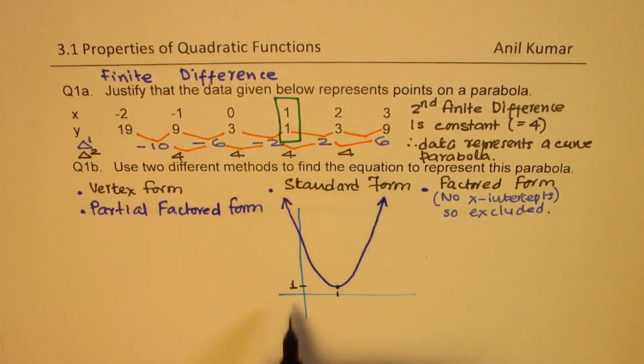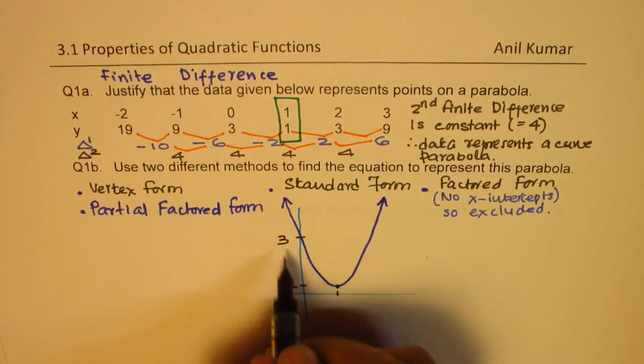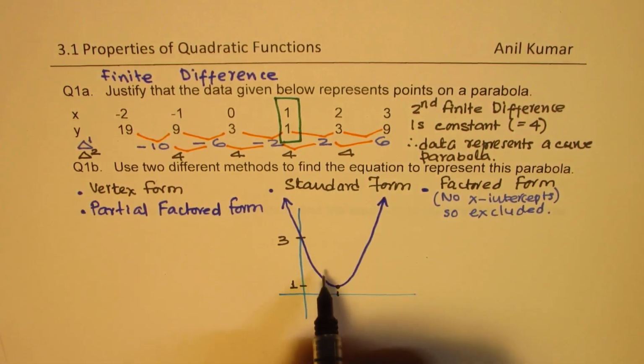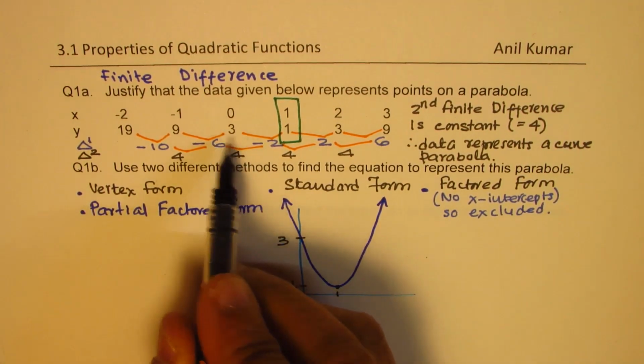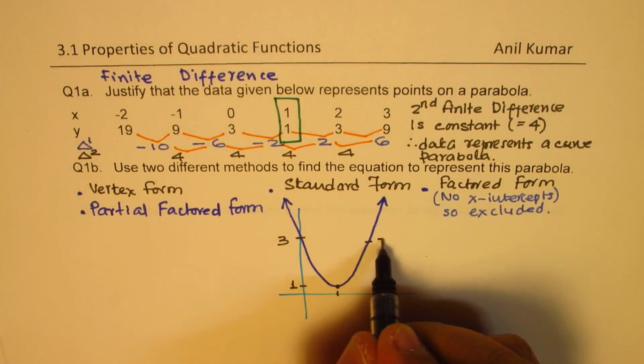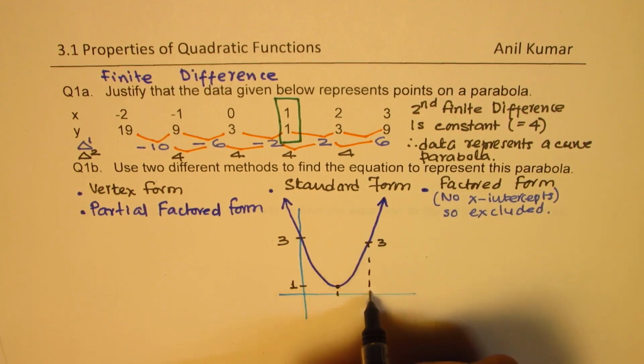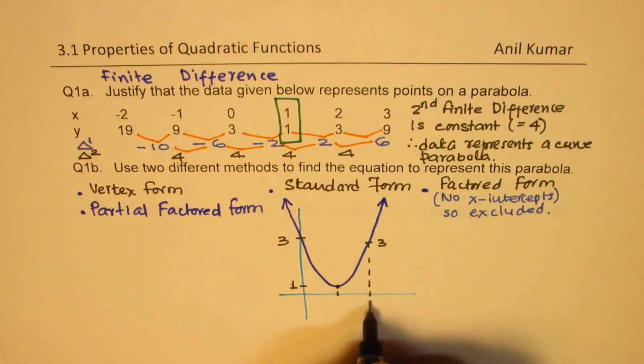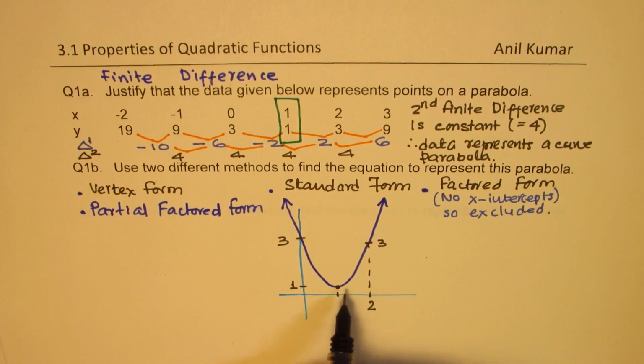And then at 0, we have a value which is 3, right? So this is definitely not to scale, but you can see it is 3, and then here also it should be 3, correct? So this 3 is at 2. So that is the kind of parabola for which the data is given to you.